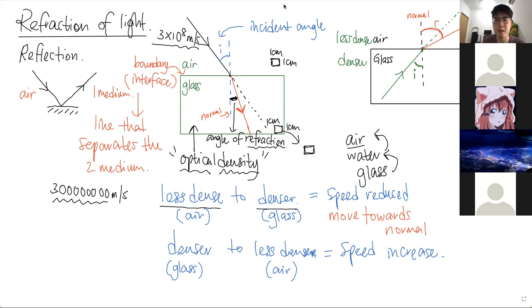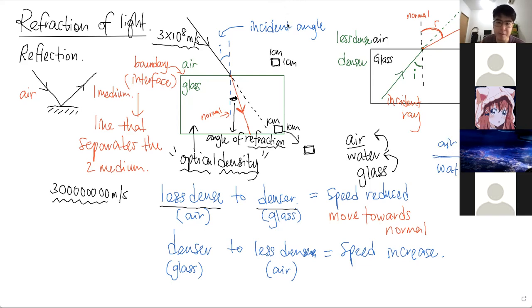Okay, so now this is the incident ray, this is the refracted ray. The same thing happens if the light ray travels from water to air. Assuming that this line is the boundary of the water surface, it separates two media, air and water.